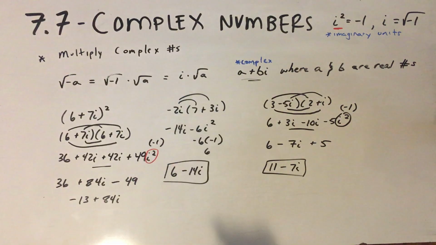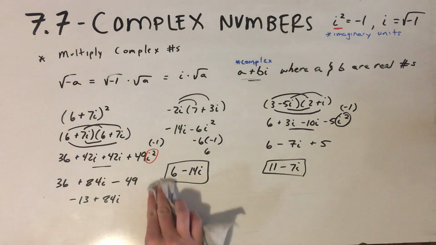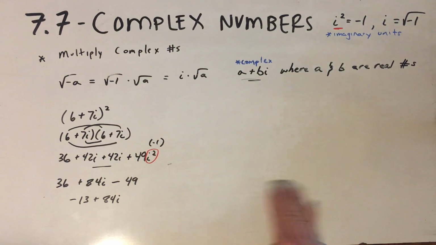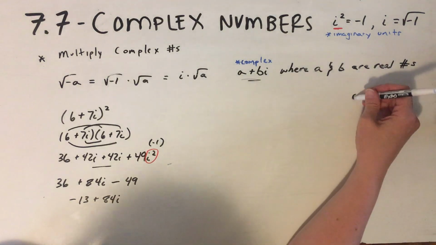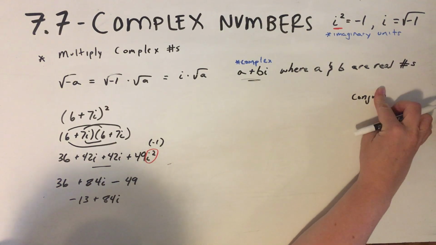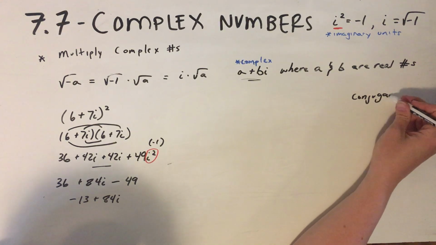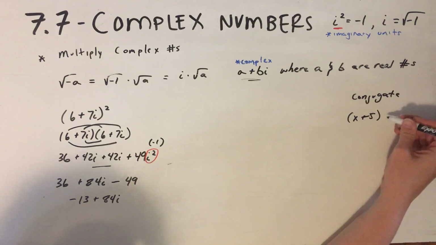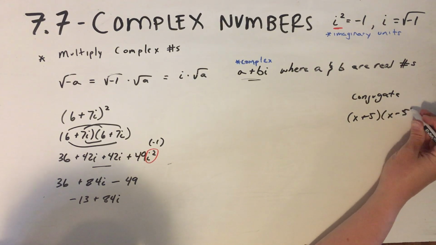And the last thing that we could do here is something that would look similar to difference of squares or multiply conjugates. And we've talked a lot about the idea of a conjugate. A conjugate would be the same 2 terms with the opposite sign. So if I had x plus 5, then the conjugate would be x minus 5.